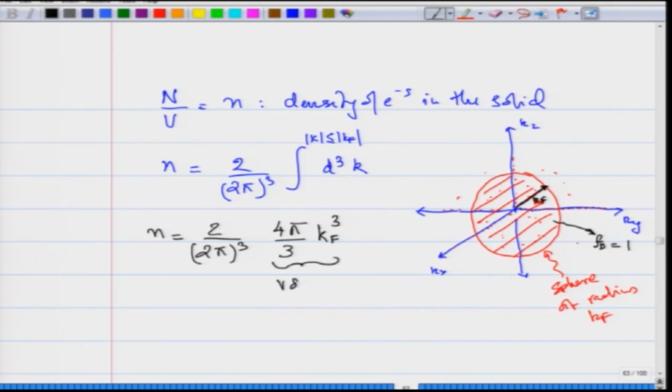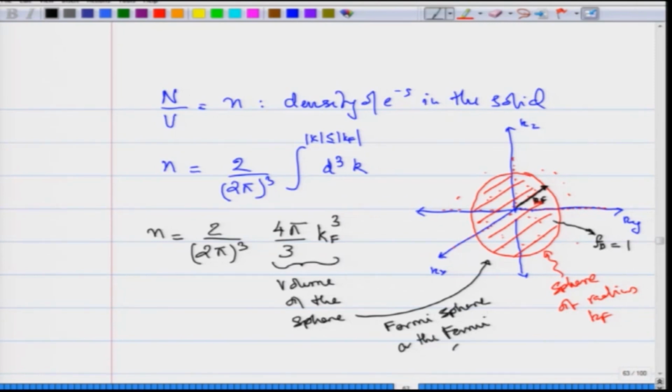This is the volume of the sphere I just described, and this is called the Fermi sphere, also called the Fermi sea.